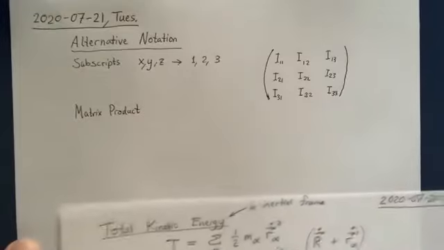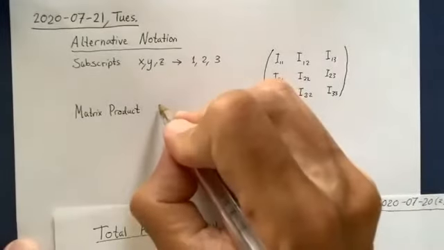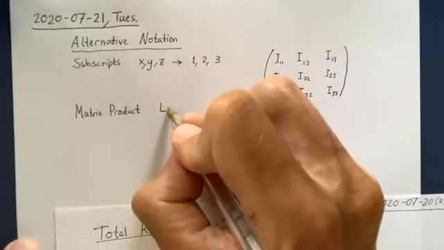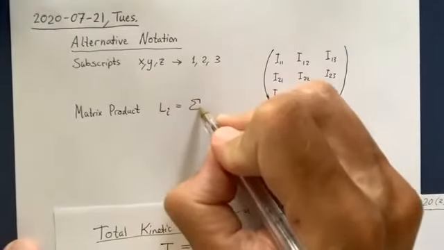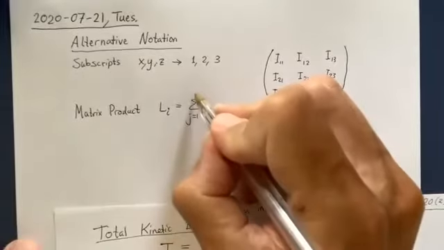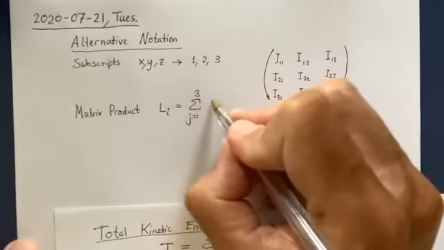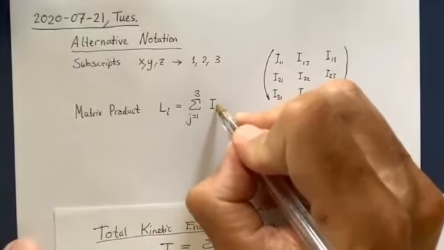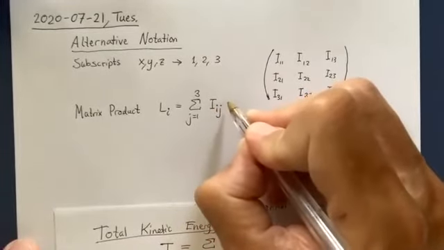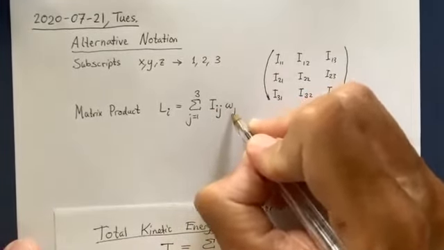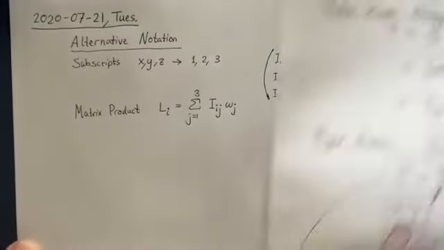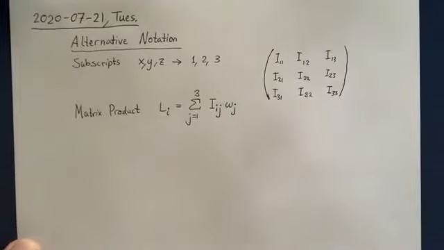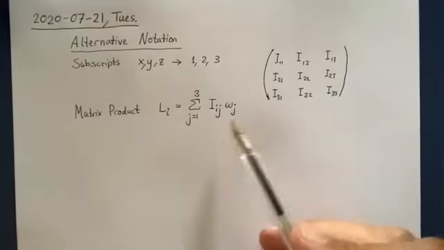The new notation goes like this. Okay, so this is the same thing, right? In fact, this construction embodies the rules of matrix multiplication.